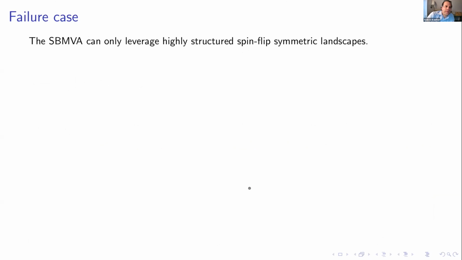So the bad news is that it doesn't always hold, and the reason is it doesn't always hold that symmetry breaking can solve all spin-flip symmetric functions. And the reason is that the symmetry breaking algorithm is working because there's a high structure.